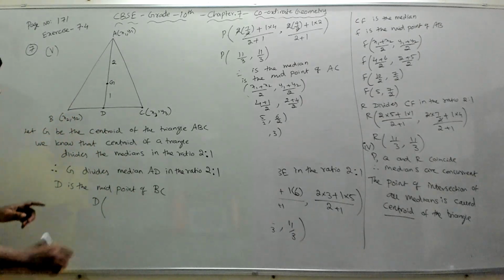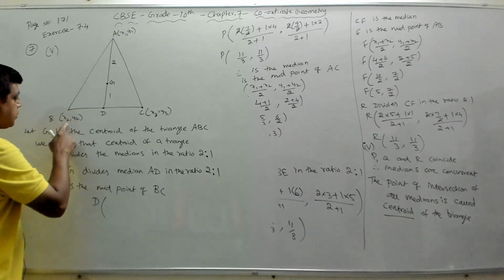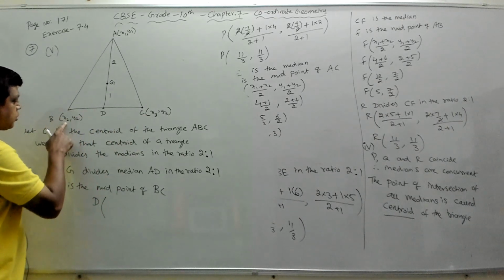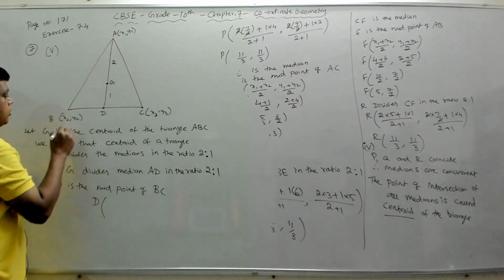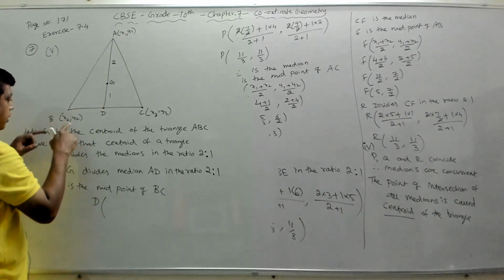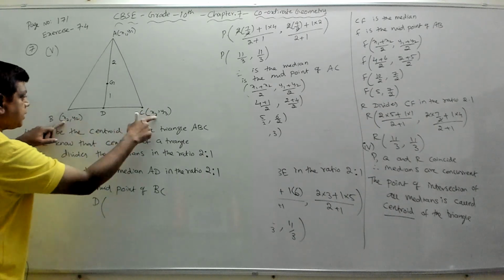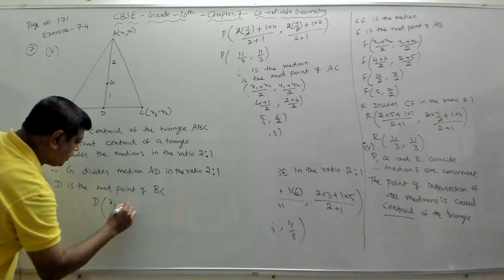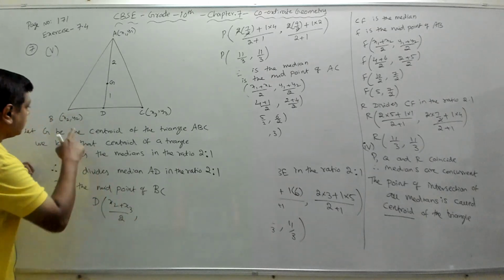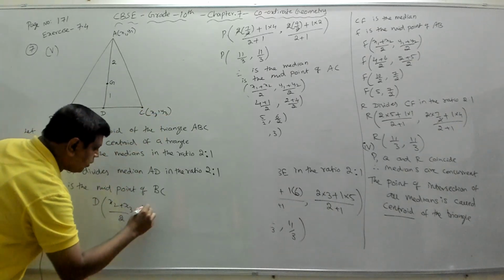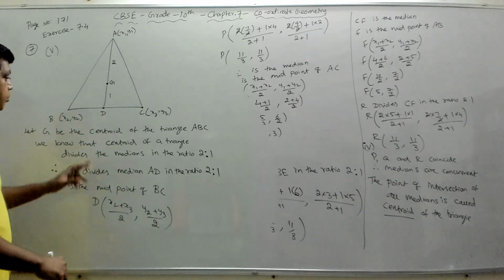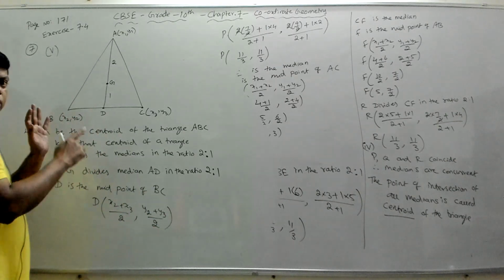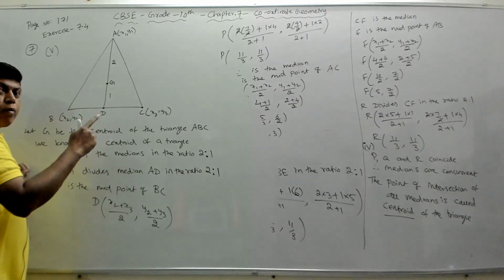So if D is the midpoint, it is this plus this by 2. Don't get confused with this x1, y1. For the formula, the midpoint: you have to add these two, x2 plus x3 by 2, y2 plus y3 by 2. The general formula is x1 plus x2 by 2 comma y1 plus y2 by 2.